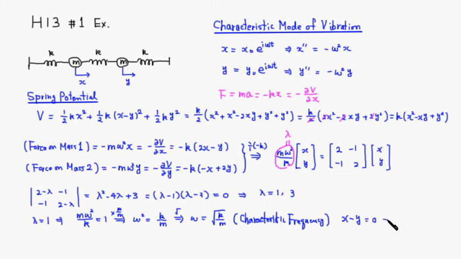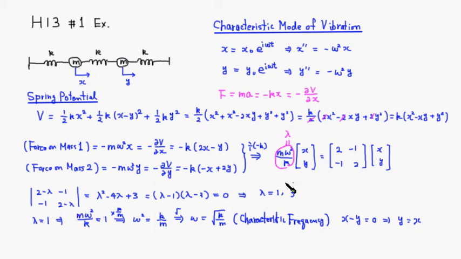In other words, you can write it as y equals x. So this means that with this frequency, x and y are exactly the same. That means these two masses go back and forth, left and right, in the same direction with the same magnitude. So the same way here.